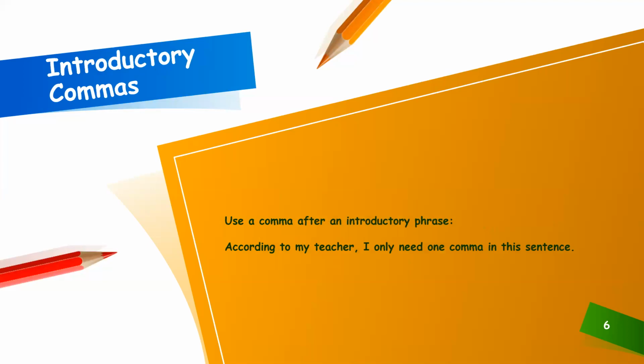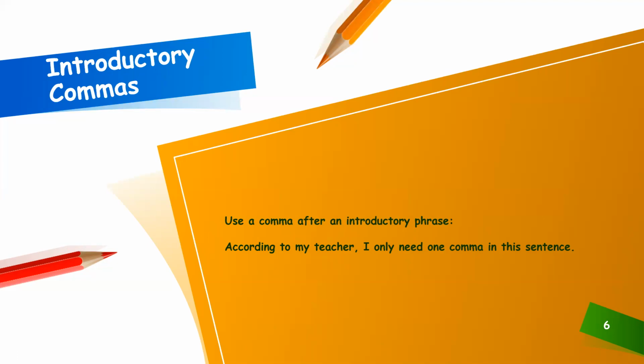Okay, I'm moving on. Again, this slide looks the same, but I did change the slide. So we're now on introductory commas. And this is really similar to the last one where we looked at the bracketing commas, except this time we're looking at an introductory phrase. So there's only one comma because the phrase is at the beginning of the sentence, so we're only using the comma to set it off after the phrase.